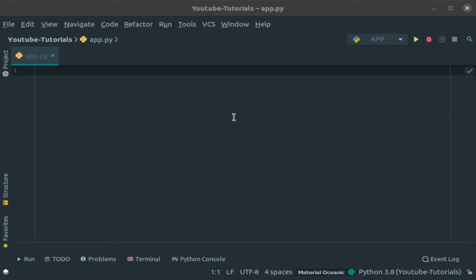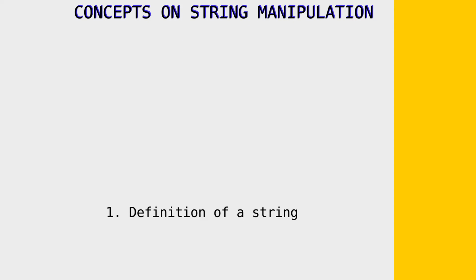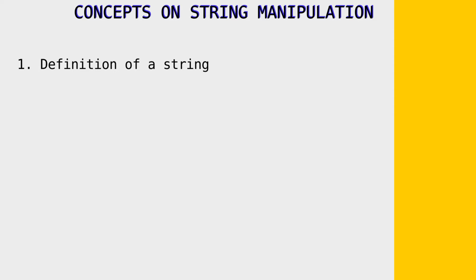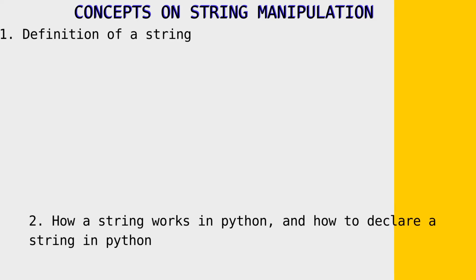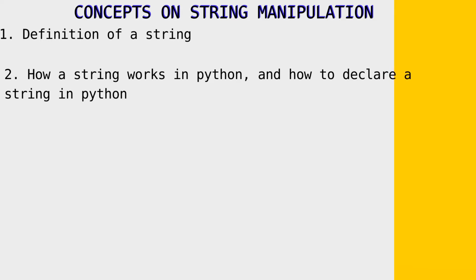Okay, so in today's episode of the Python tutorials for beginner series, we'll be going through 9 main concepts. The first thing we'll be doing is giving the definition of a string, what a string is. Number 2, we'll learn how a string works in Python and how to declare a string in Python.